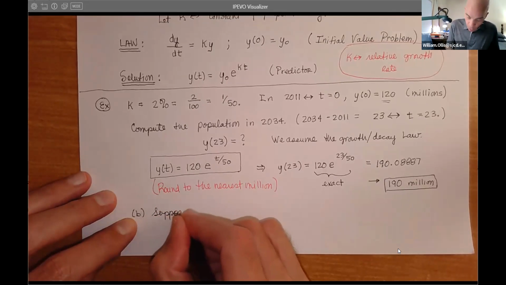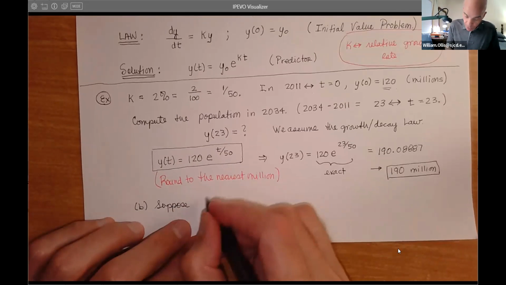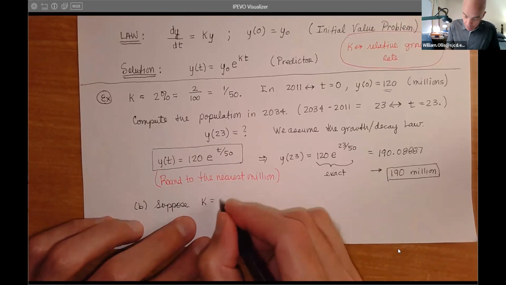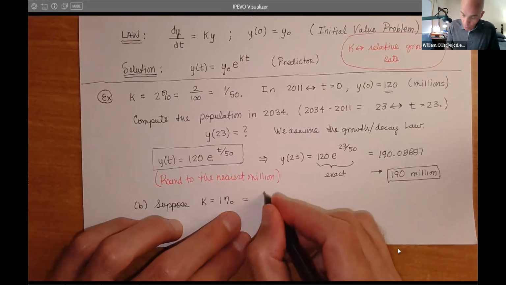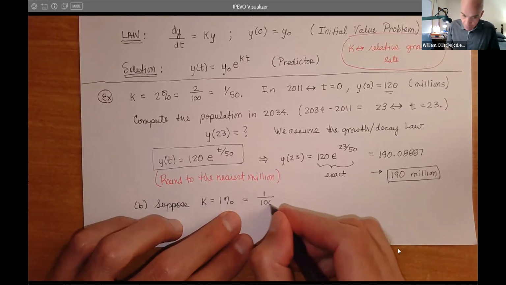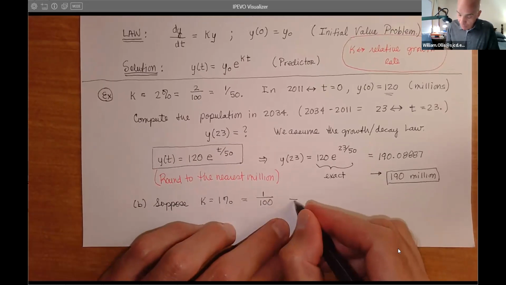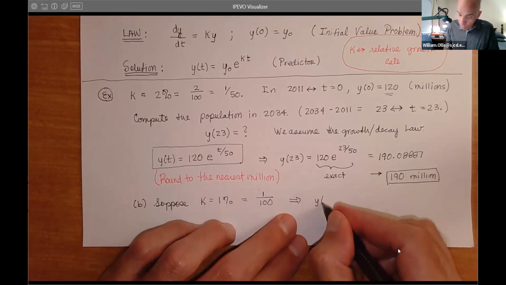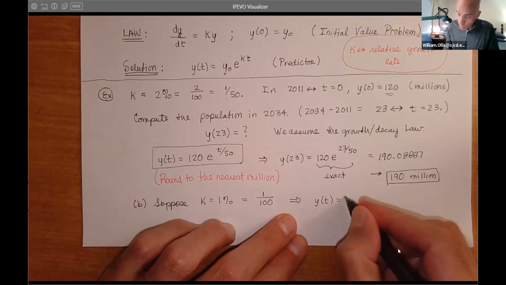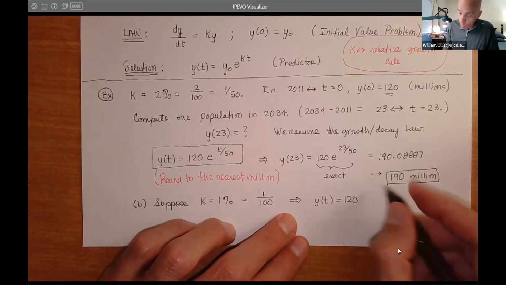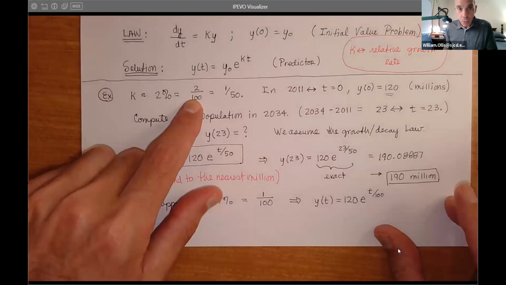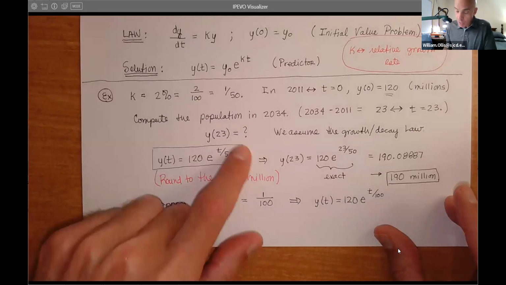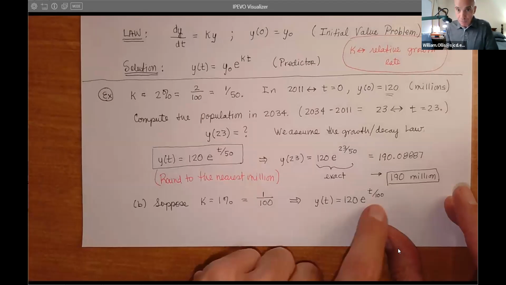the relative growth rate is now 1%. And of course, this will just be 1 over 100. So now this will imply that our new predictor model will be 120 e to the t over 100, whereas before we had 1 over 50, now we just have t over 100.